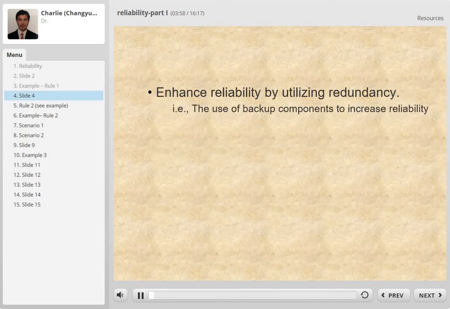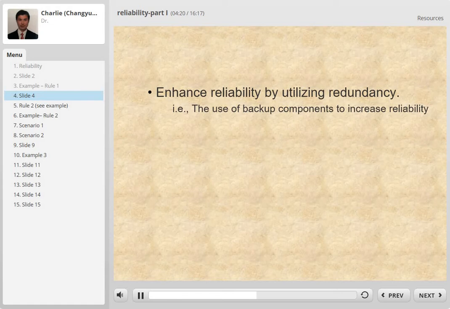Sometimes you have a product and it has a certain rate of reliability. Now, if we want to increase the reliability, there are different ways we can do that. We can buy a more expensive, more reliable product.